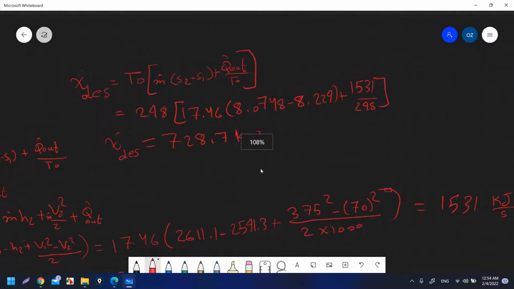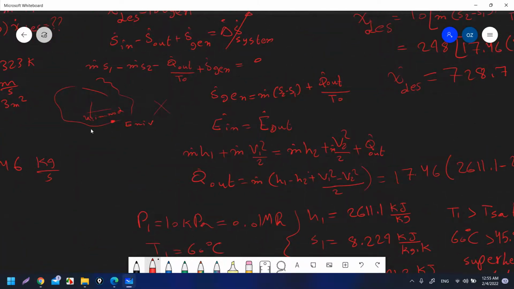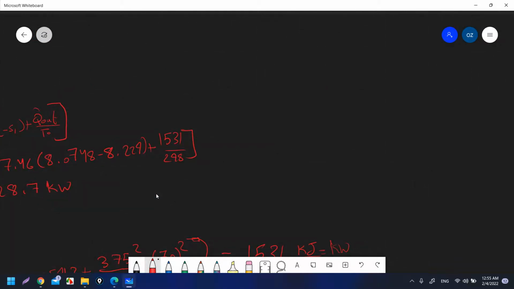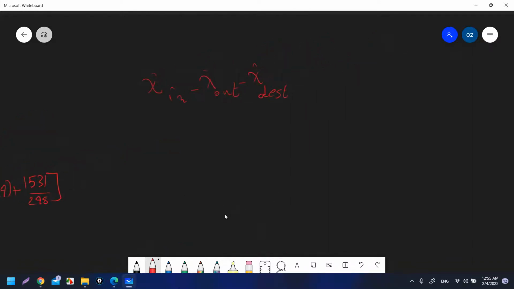And if we made our exergy balance around the whole system and the immediate surrounding, okay, we will get the same value for the exergy destroyed. So you can say X dot in minus X dot out minus X dot destroyed is equal to delta X dot system, and this one is 0.